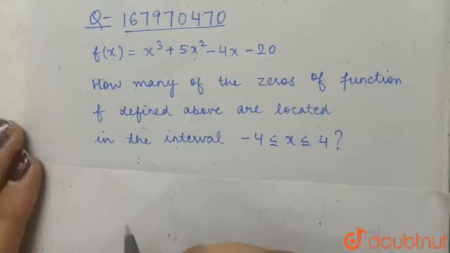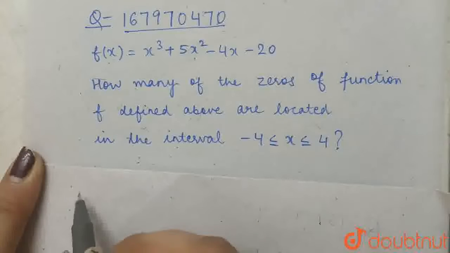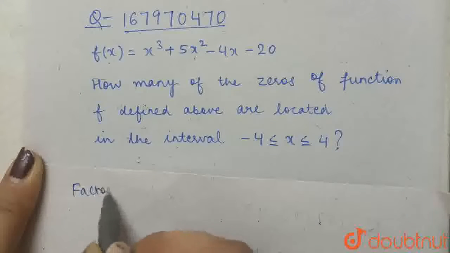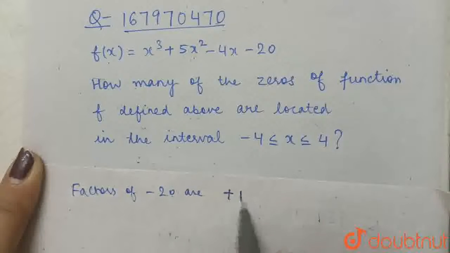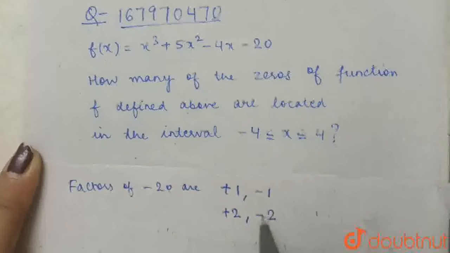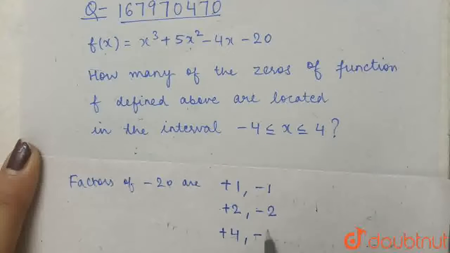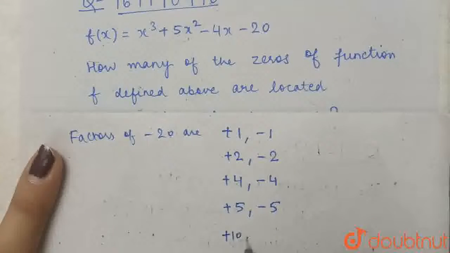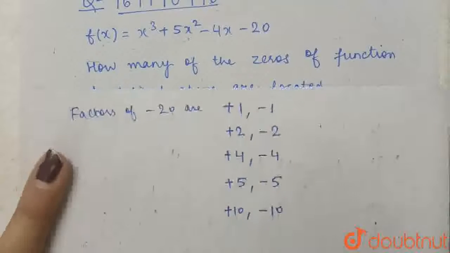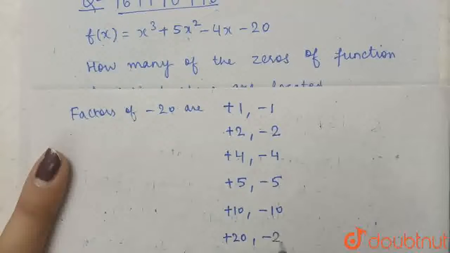The factors of minus 20 are plus 1, minus 1, plus 2, minus 2, plus 4, minus 4, plus 5, minus 5, plus 10, minus 10, and plus 20, minus 20.